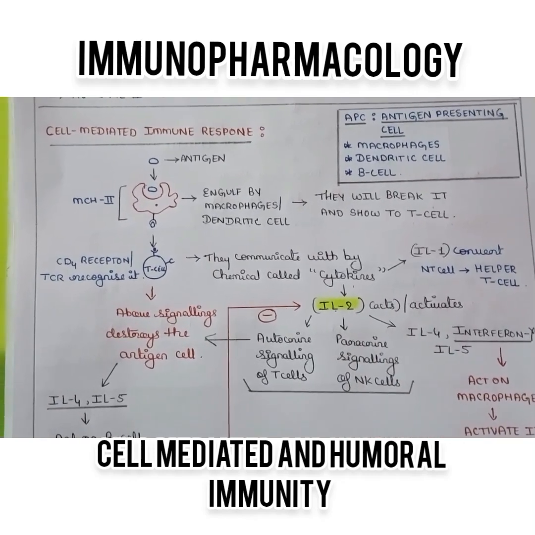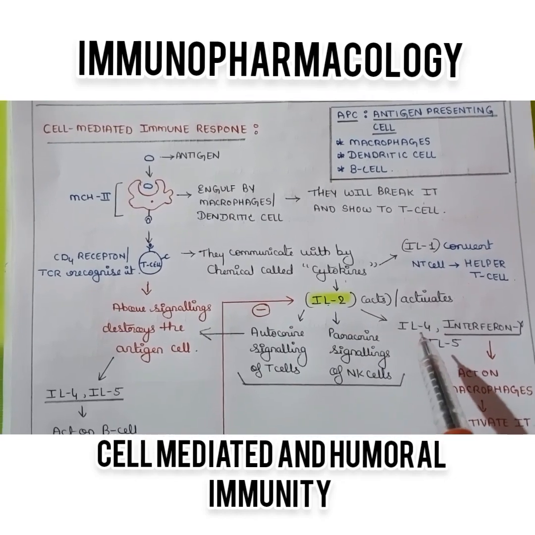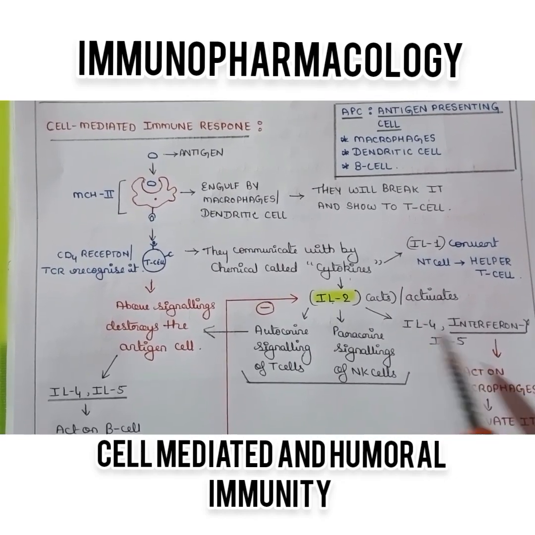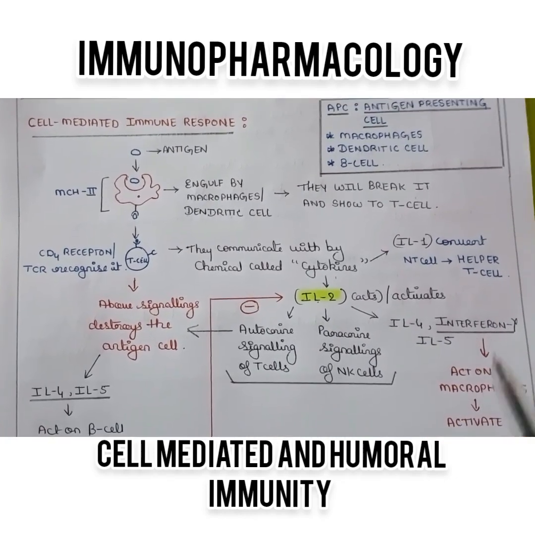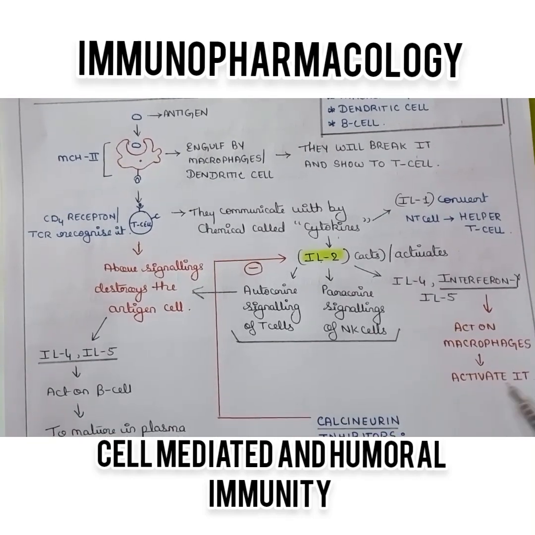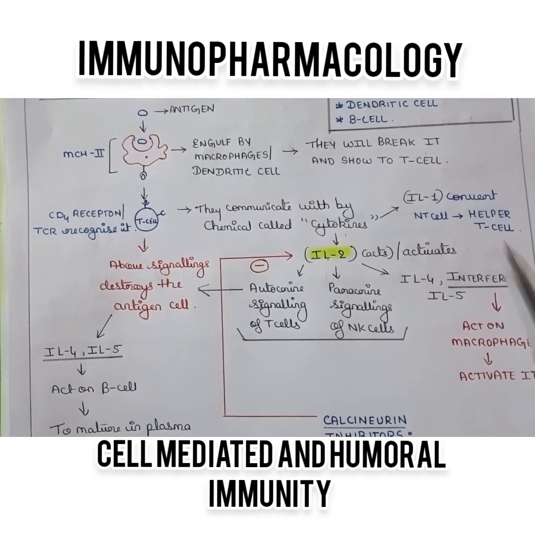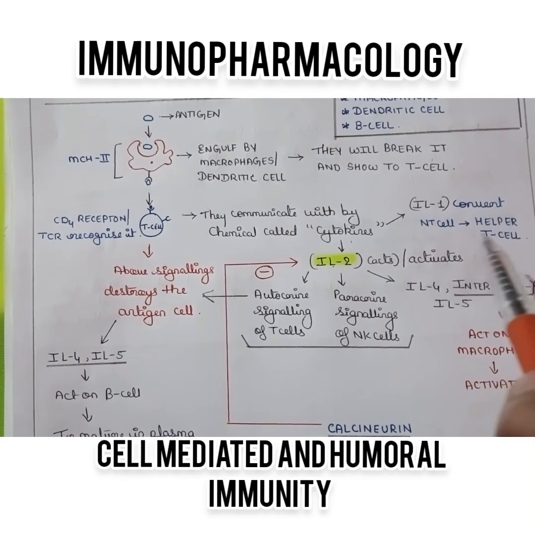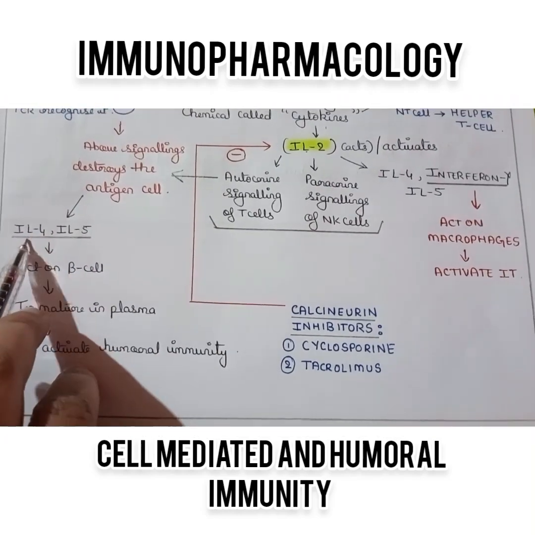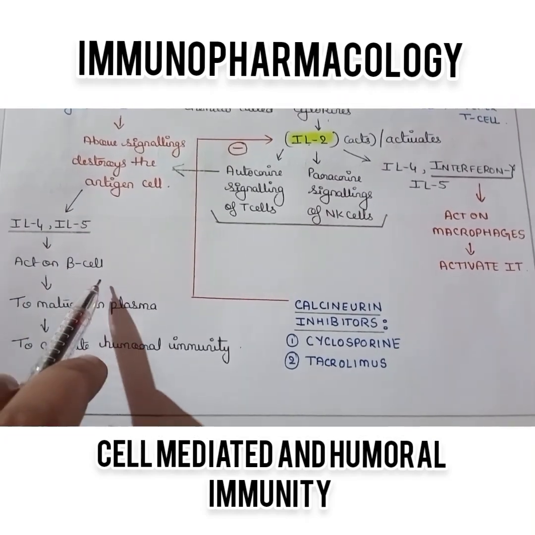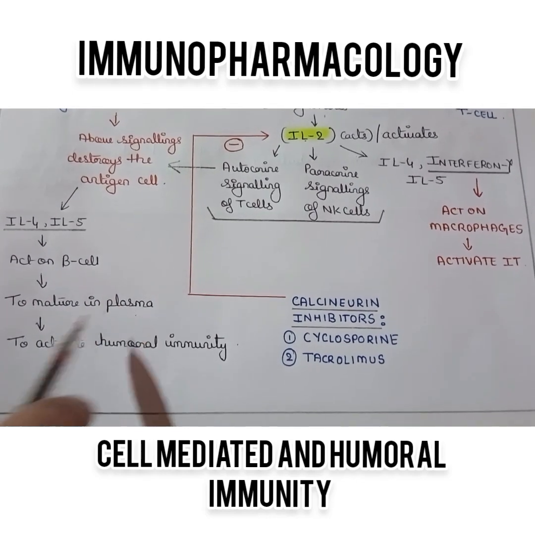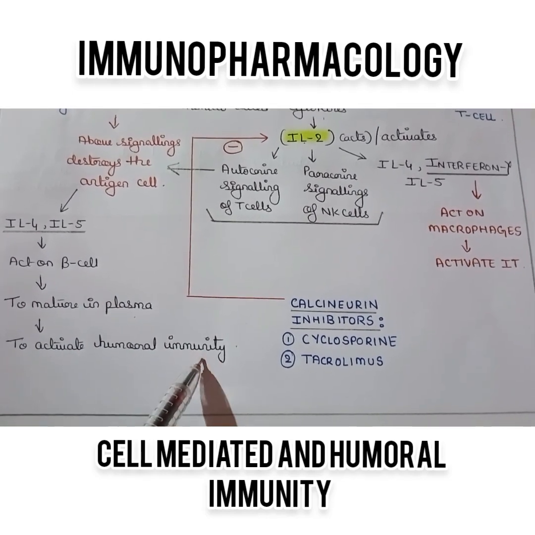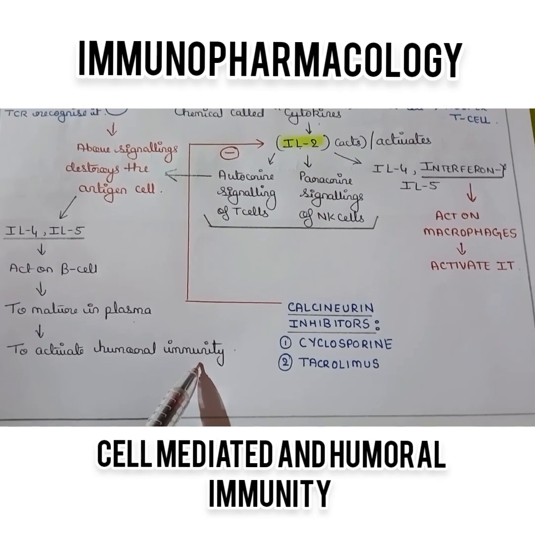Not only that, they will also activate interleukin 4, interferon alpha. This interferon alpha will act on macrophages and again activate them. This interleukin 1 will convert into helper T cells. Next, interleukin 4 and interleukin 5 will act on the B cell to mature into plasma cells to activate humoral immunity that we will see later.